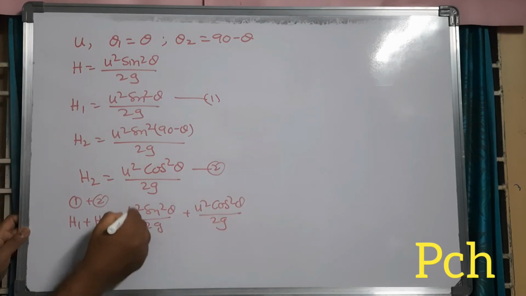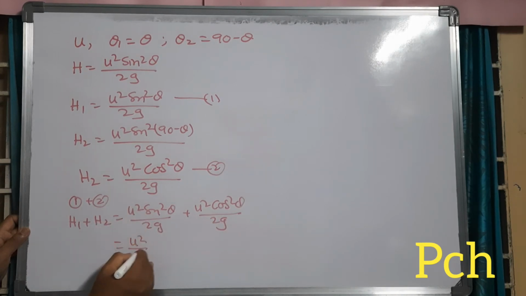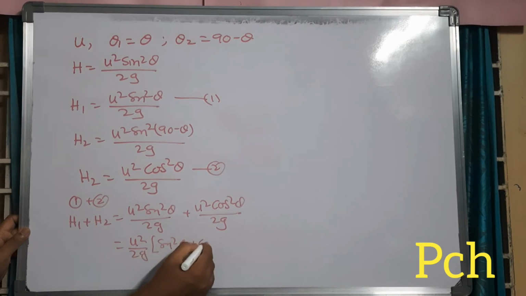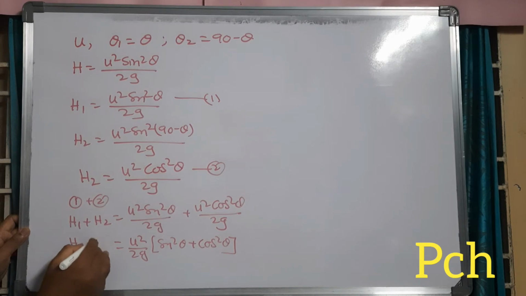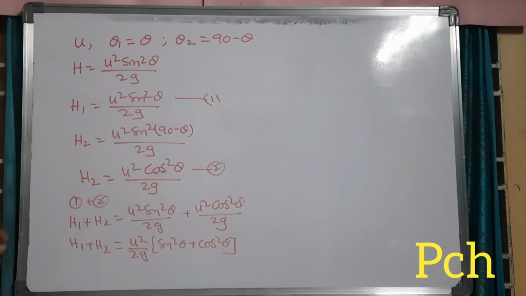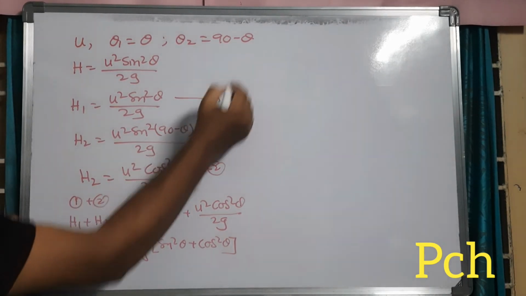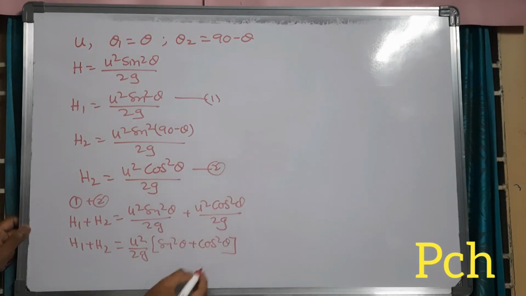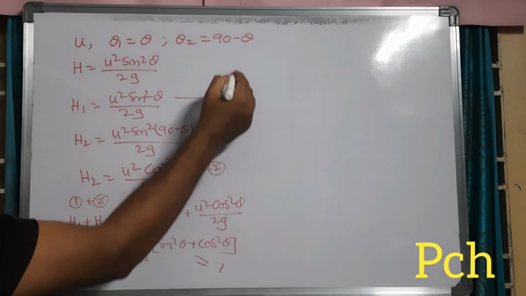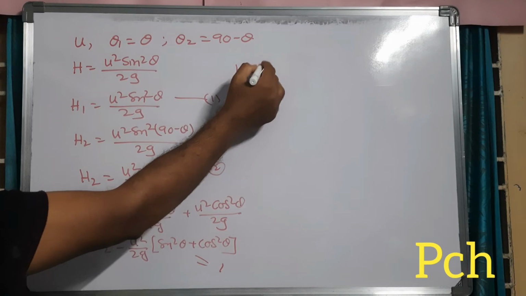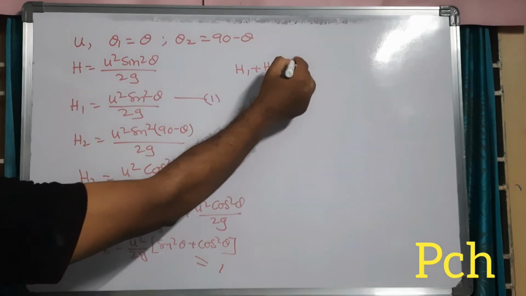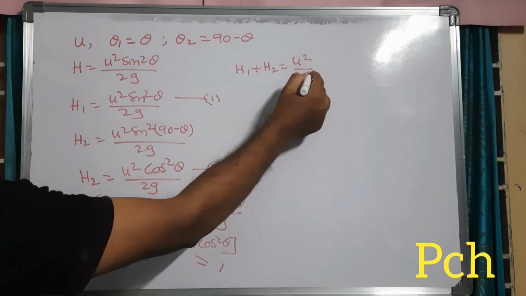We can take u square by 2g outside, and sine square theta plus cos square theta will be there. According to trigonometric identities, sine square theta plus cos square theta is equal to 1. So h1 plus h2 is equal to u square divided by 2g.